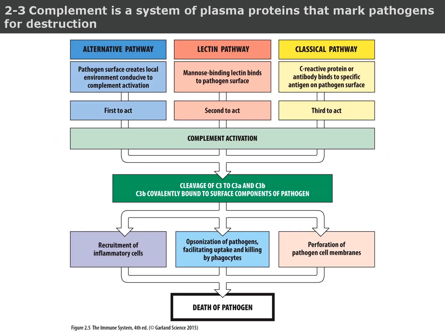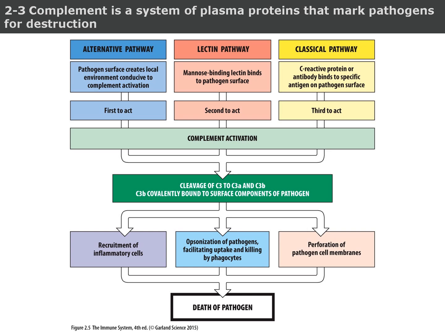precise. The complement system is a group of plasma proteins that help mark pathogens for destruction. It can be triggered through three pathways. The alternative pathway acts first and is initiated when a pathogen surface creates a suitable environment. The lectin pathway follows, activated by mannose binding lectin binding to the pathogen. Finally, the classical pathway is triggered by antibodies or C-reactive protein binding to pathogen antigens.